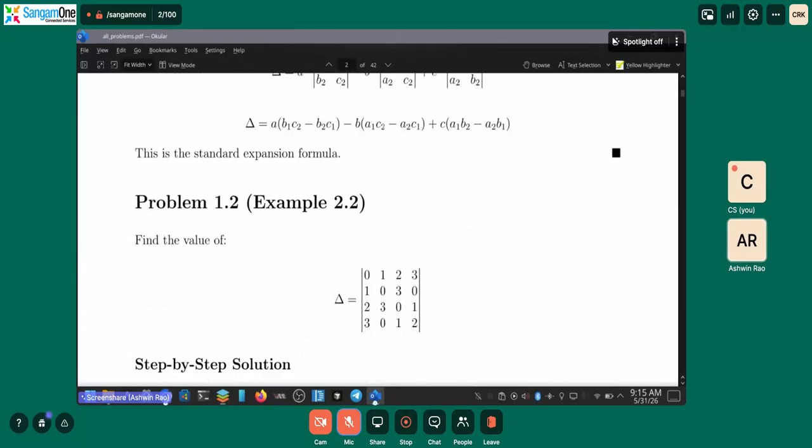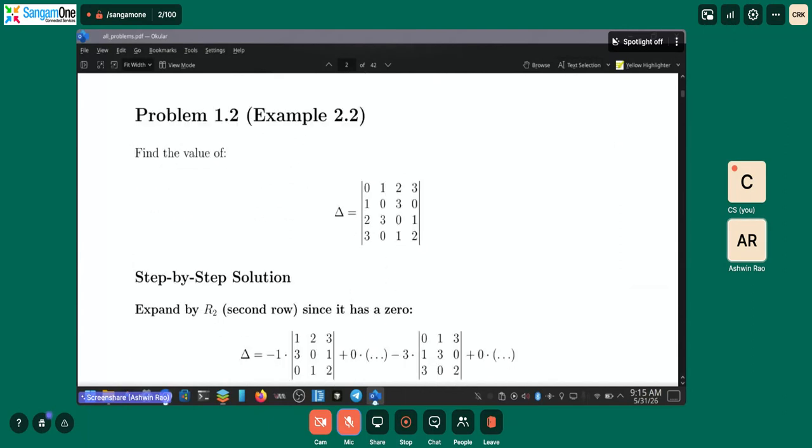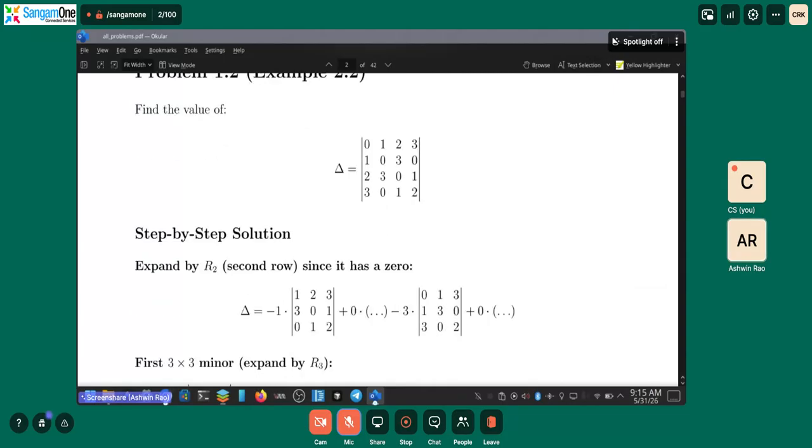You can expand with any row also, but it will actually take more steps and more time. If you eliminate the second row and second column, you will get some determinant. This is the determinant symbol. Let's expand that in real time.